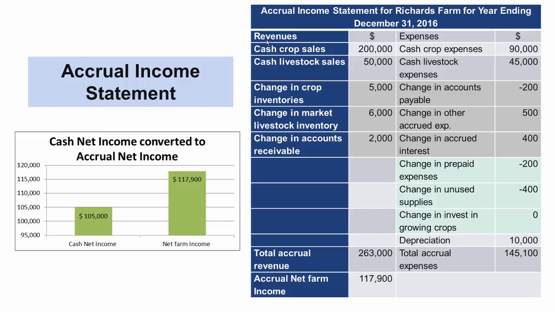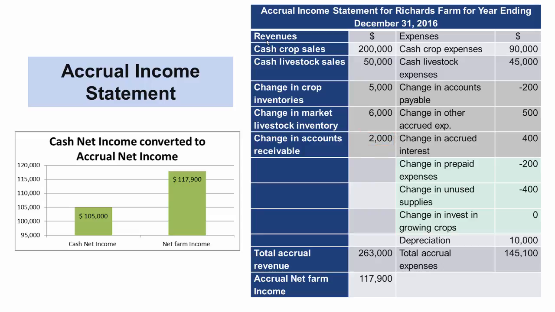After completing these calculations, Richard transfers all the changes in value from the previous accrual adjustments table to this accrual income statement table. Notice that now receipts and disbursements are called revenues and expenses. Changes in crop inventories, $5,000, livestock inventories, $6,000, and accounts receivable, $2,000, are added in the revenue column, sales in gray.